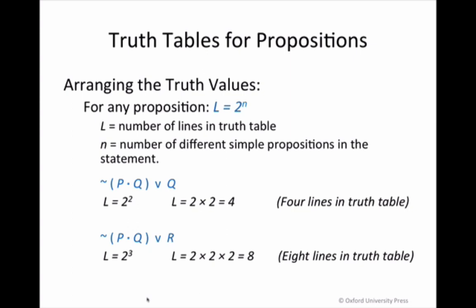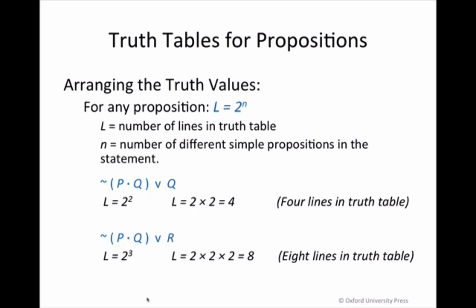So first we need to understand what sort of truth table we're going to construct. And by that I mean we need to know how many rows of a truth table we need for a given sentence.